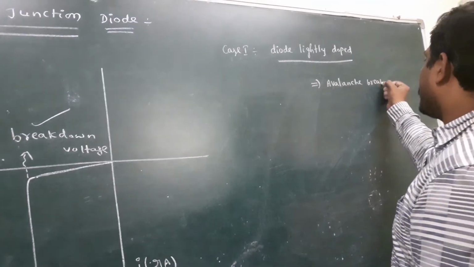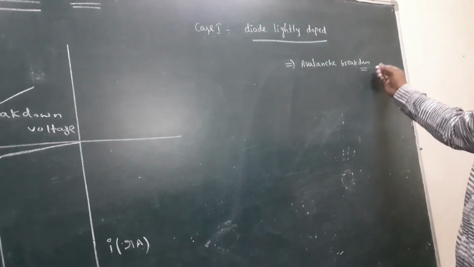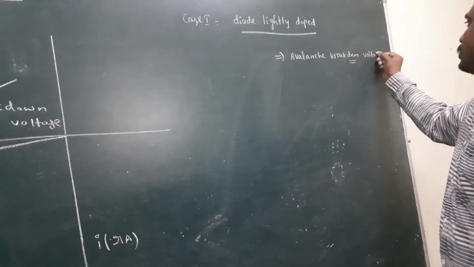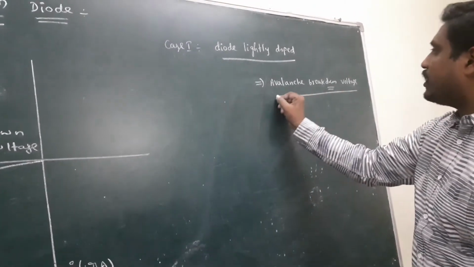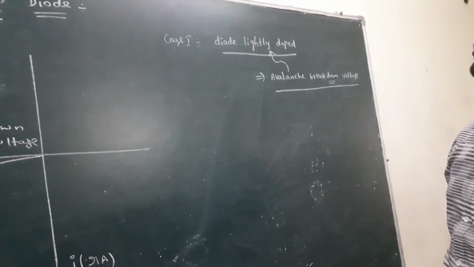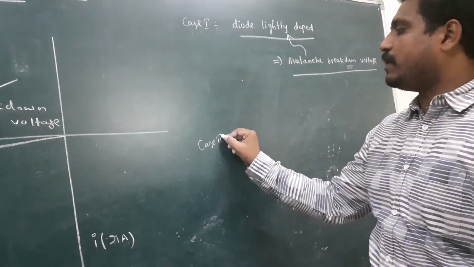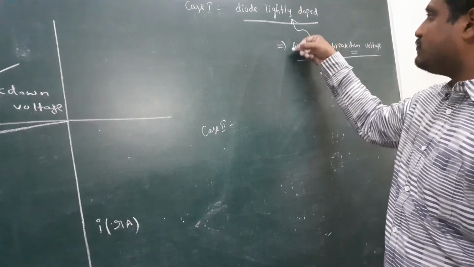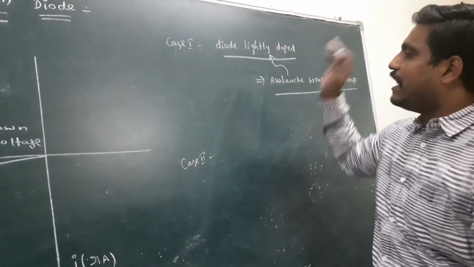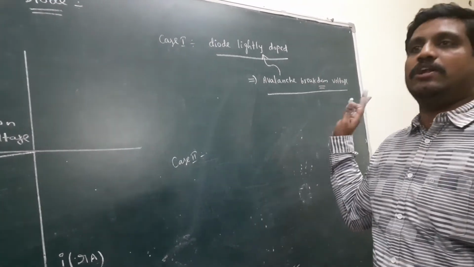Avalanche breakdown voltage means the voltage at which current suddenly rises when the diode is lightly doped. Okay, in avalanche breakdown, atoms will break, the substance is damaged permanently, that means the diode is damaged permanently.